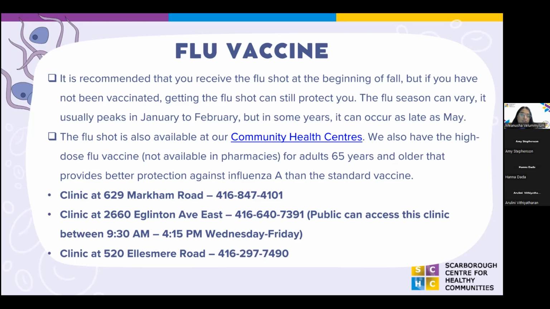The phone number is 416-640-7391. And lastly, the clinic at 520 Ellesmere Road. Again, the phone number here is 416-297-7490. So you can take a picture. Maybe I'll hold for a second in case you want to take a picture of the locations and numbers.